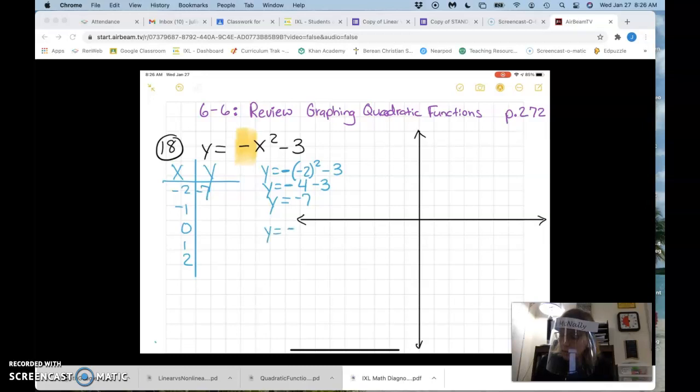And the next one, again, with that extra negative, y equals negative 1 minus 3, which is negative 4. If I plug 0 in, I'm just going to be left with negative 3.